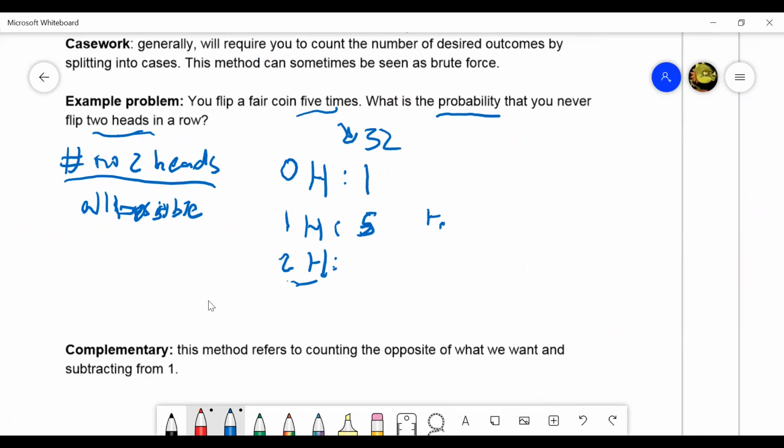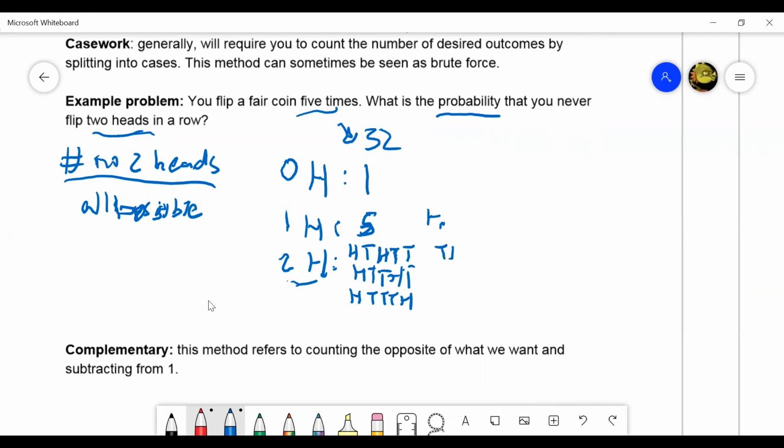So if you have 2 heads, you can just assume that the first one's heads, as this is just casework basically. And if you don't want any of them to be consecutive, you can have something like heads, tails, tails, or the heads can be a little bit further apart, or heads, tails, heads. And these are all the cases where the first one's heads.